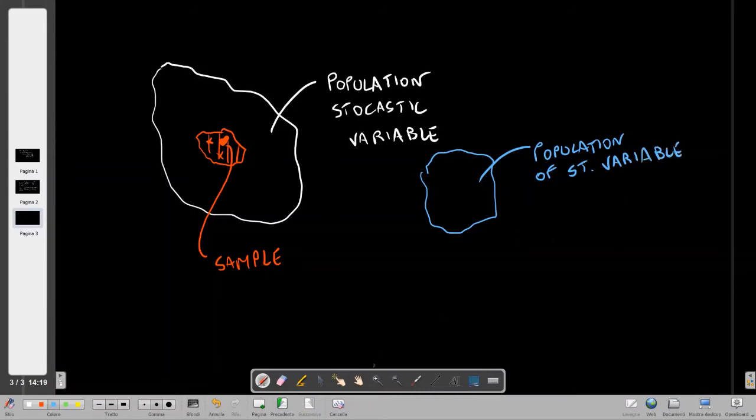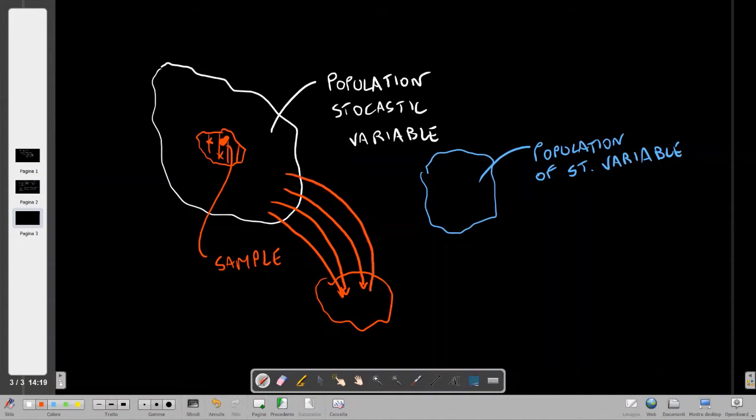So in the real world, if this is the sample, most of the realizations may come from one stochastic variable, but some of them, at least a very few, can come from another stochastic variable.